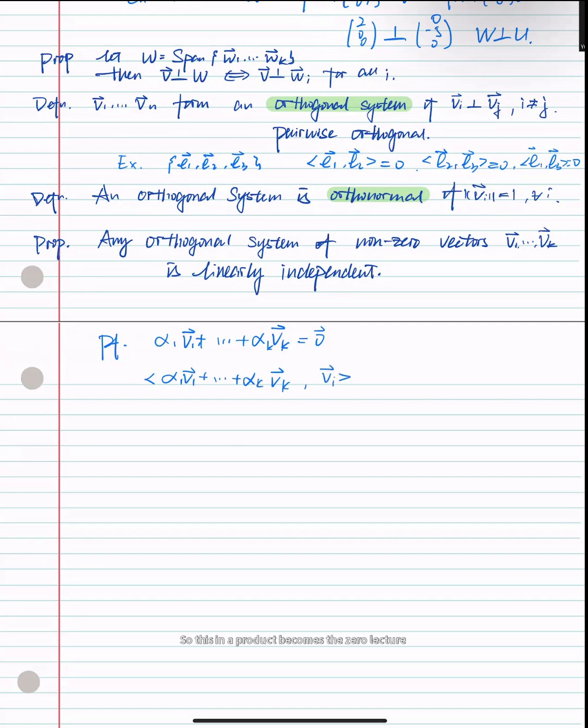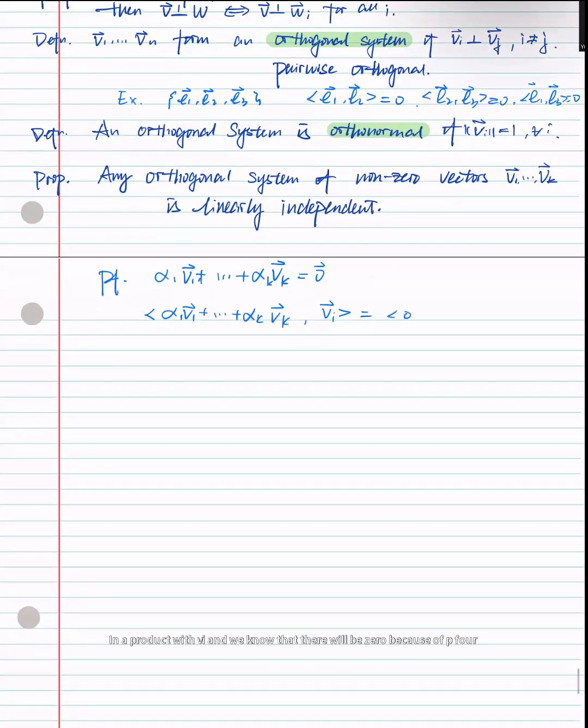This inner product becomes the inner product of the 0 vector with vi, and we know that will be 0 because of IP4.